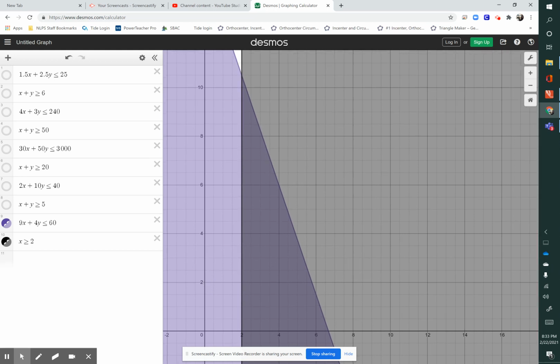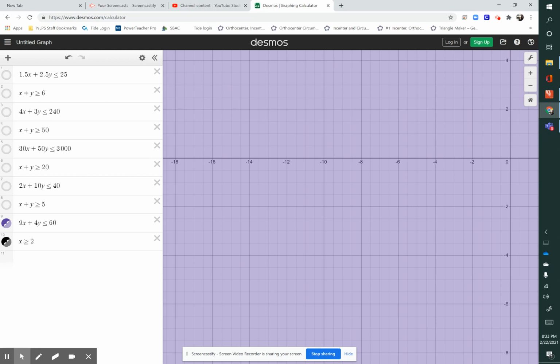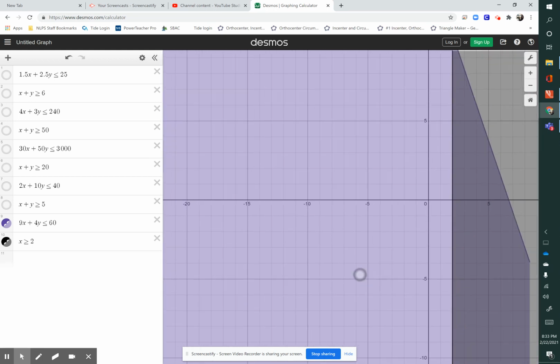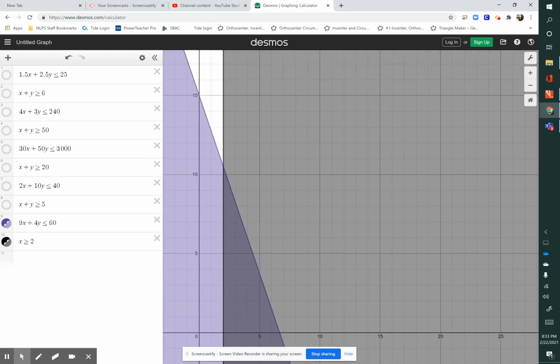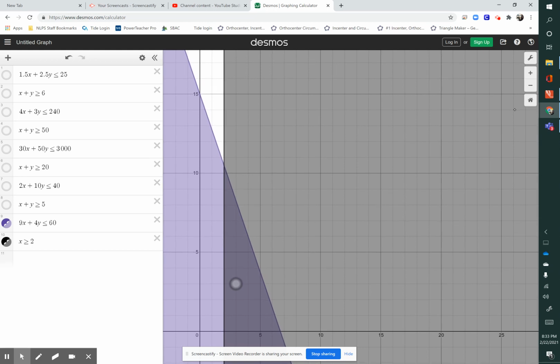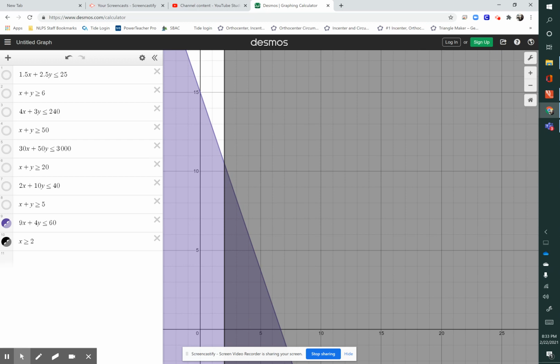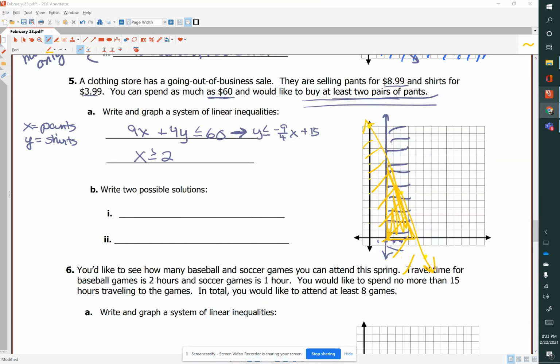So, for example, we could have 3 pants, and back here, only the first quadrant is important to us. So we could have 3 pants and 3 shirts, which would work. We could have 4 pants and 1 shirt would work. Any of those solutions would work. So let's go back to our paper.